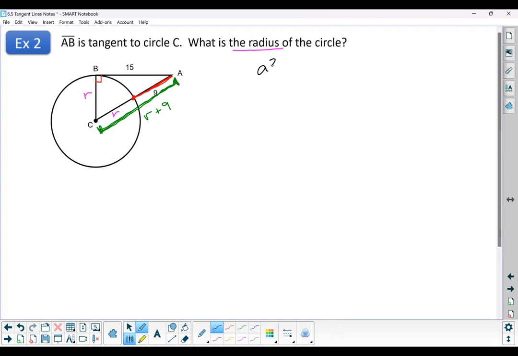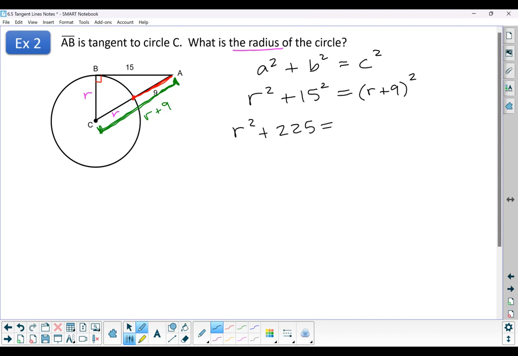So when we do Pythagorean theorem, our leg squared is R squared and 15 squared. And when we do our hypotenuse squared, it's going to be a binomial squared. It's going to be an R plus 9 that is squared. So on this side, we have R squared plus 225.